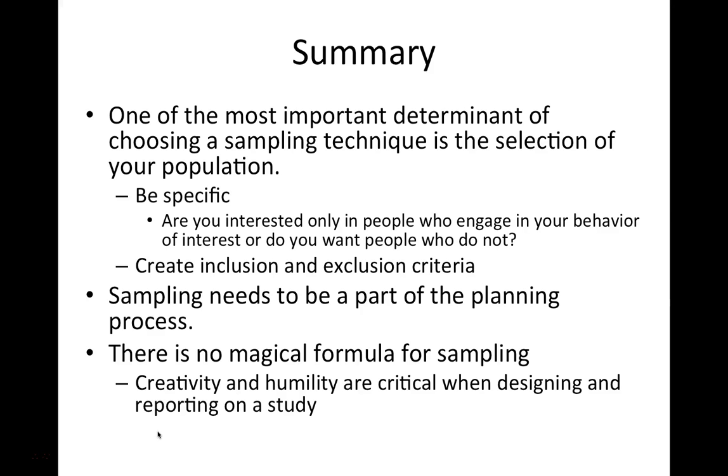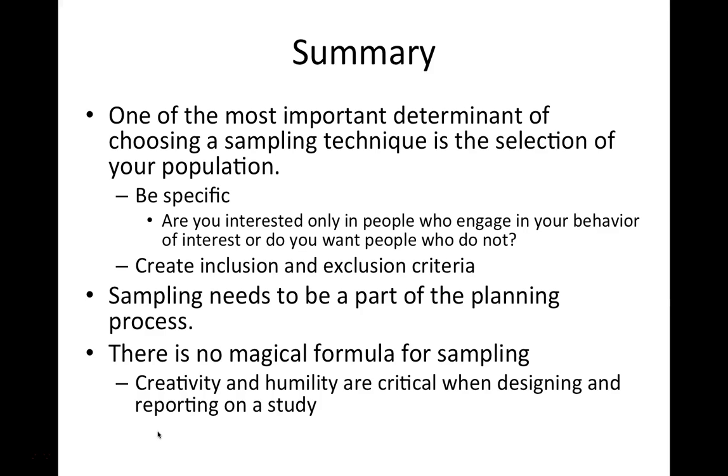And unfortunately, there's no magical formula for sampling. Creativity and humility are critical when designing and reporting on a study, but there's no sort of magic formula or easy answer for exactly what to do. One of the things that I always encourage people to do, and that was some very good advice given to me, is to always justify what you're doing. So you can design an entire study, and one person may say they're using convenience sampling.